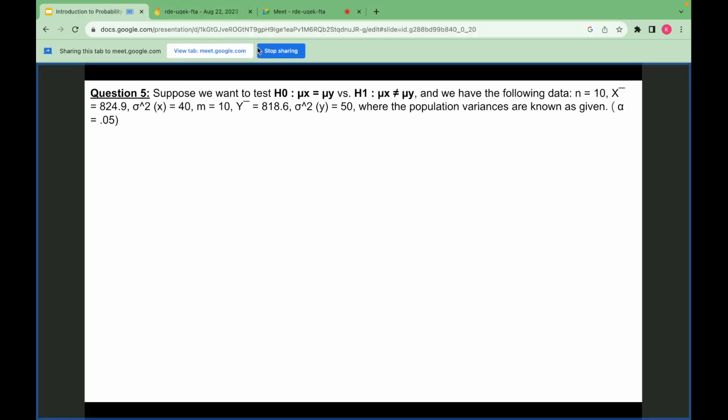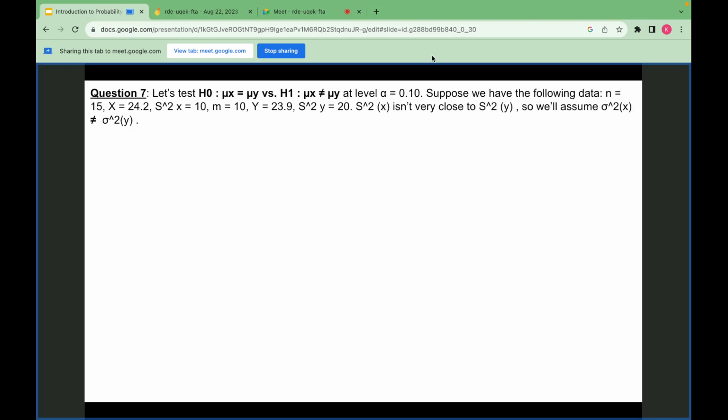Now moving to the next question. Let catalyst X be currently used by a certain chemical process. If catalyst Y gives higher mean yield, we will use it instead. Thus, we want to test whether mu x is greater than mu y or mu x is less than mu y.